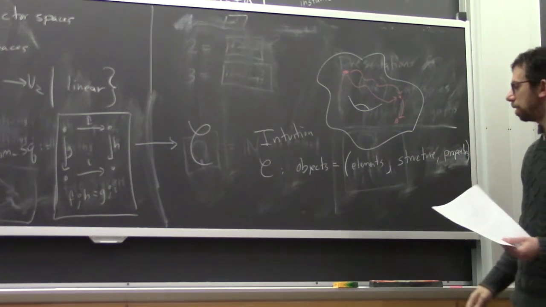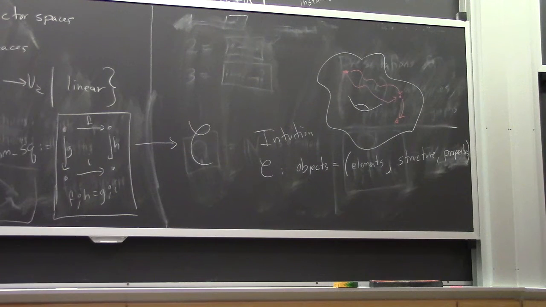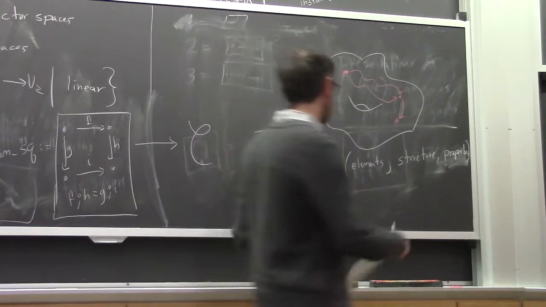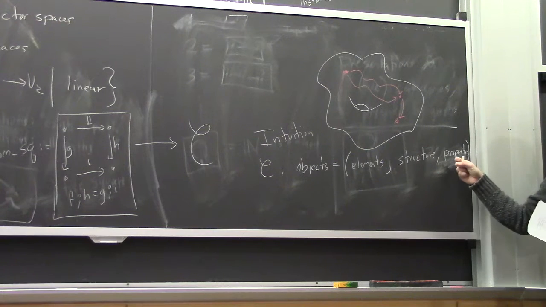So in vector spaces, every object is a vector space, and it has elements, namely vectors. It has structure, namely the ability to add or scale vectors, and it has properties, like if I add two vectors, it's the same as adding them in reverse. In posets, the objects are partially ordered sets. They have elements, they have structure, the order, and they have properties, reflexivity and transitivity.